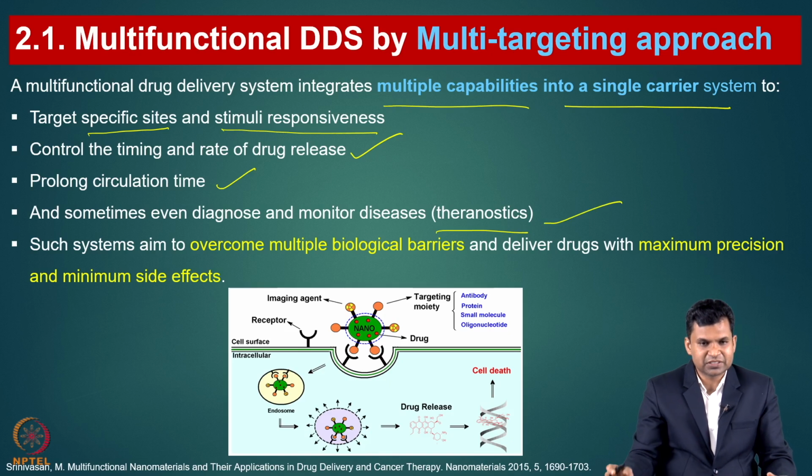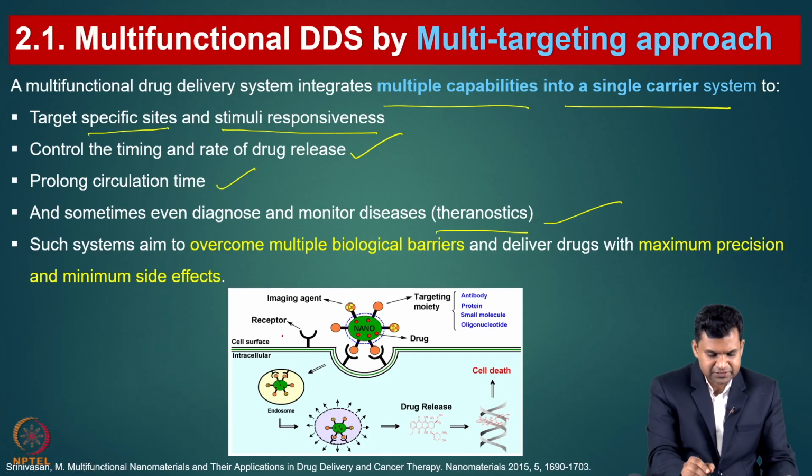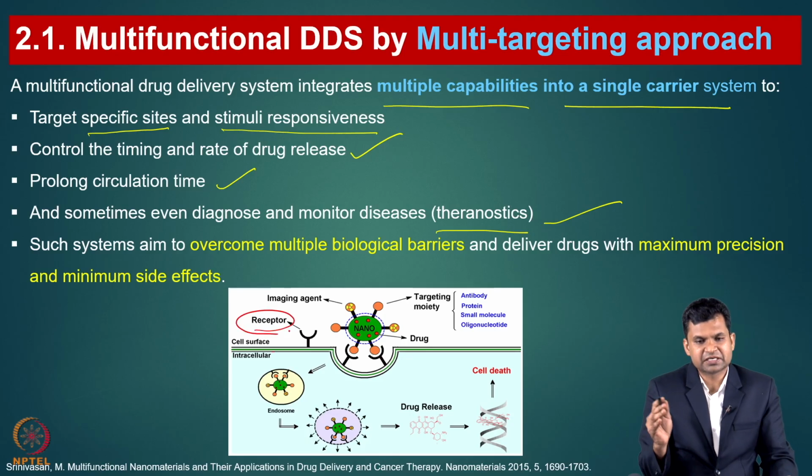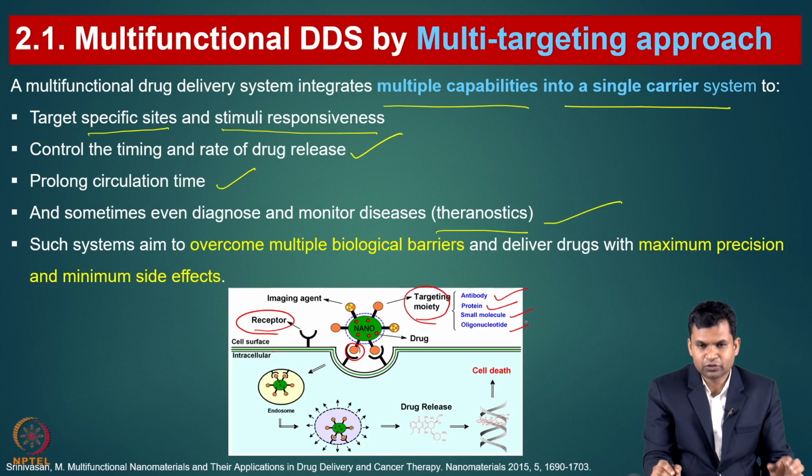So, here you can also see in the picture. This picture represents one type of cell. Here you can see the cell surface, where the receptors are overexpressed, consider it is a cancer. With the receptors overexpressed, you can target by using the ligands, the target moieties: antibody, protein, small molecules and oligonucleotides.